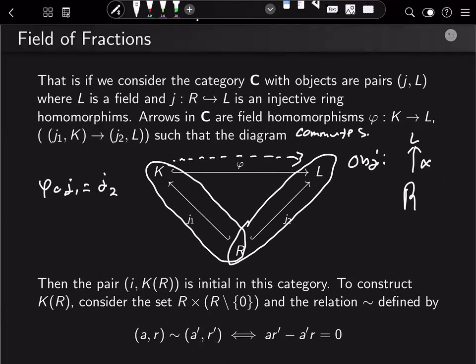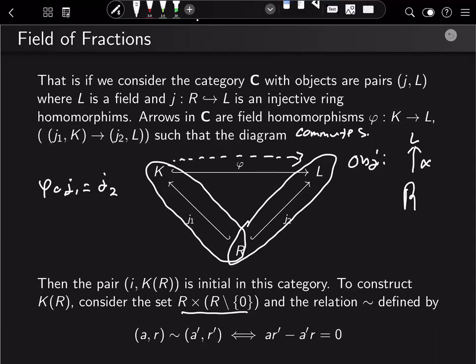So to construct K of R, we're going to consider the set R cross R minus the 0 element. Essentially all we're doing is taking pairs of elements, where the first entry can be any element of our integral domain, including 0, and the second element can be any element but 0.